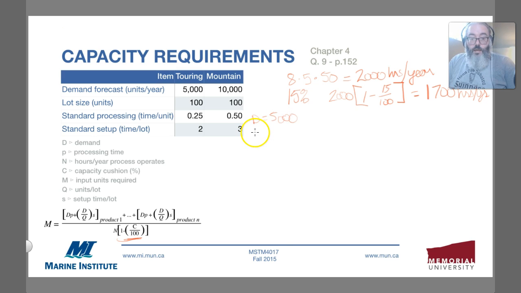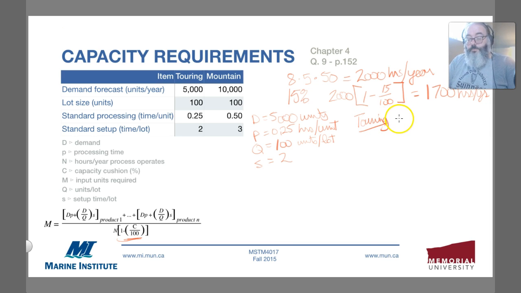Our P is our processing time, hours per unit. And then we're going to have our Q, which is our units per lot, and that's 100 units per lot. And the last thing we need is the setup time per lot, which is going to be equal to 2 hours in this case.